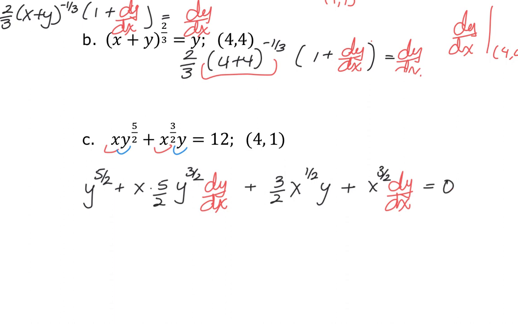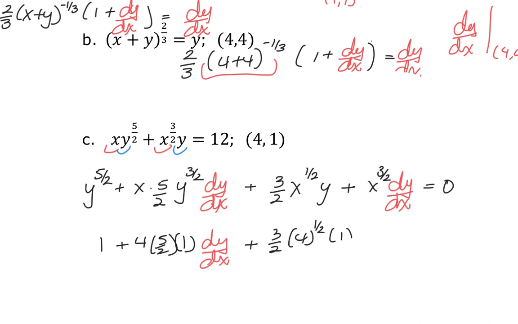Now I'm going to go ahead and put in 4 and 1 in the appropriate places. So I have 1 plus 4 multiplied by 5/2 multiplied by 1 dy/dx, plus 3/2, and then 4 raised to the 1/2 multiplied by 1, plus 4 raised to the 3/2 dy/dx, which is equal to 0.